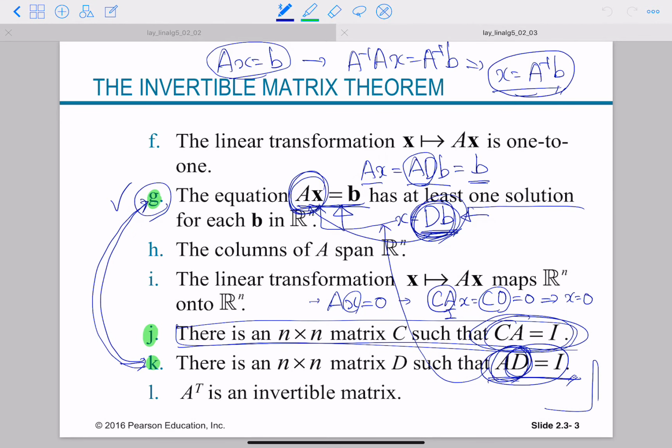So for G and H, the columns of A span R^n, or the span of the columns of A is equal to R^n. Okay, that is another equivalent condition to G. That was part of our previous theorem.